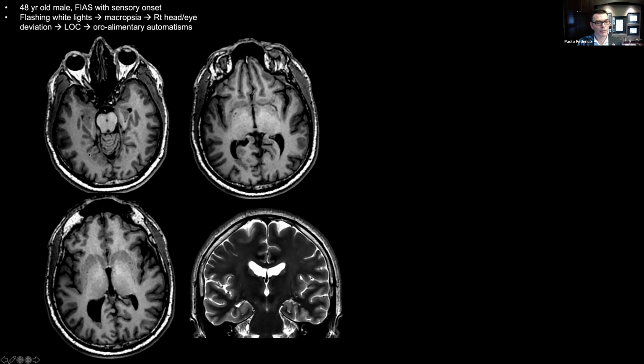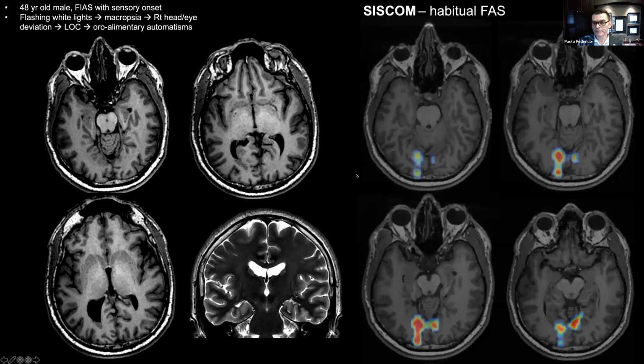So on Monday of this week, we obtained an ictal SPECT, oh no, it was actually last week, of a focal aware seizure. So all he had were those flashing lights, not much else, okay? And this is what we saw with the Subtraction SPECT co-registered to his MRI.